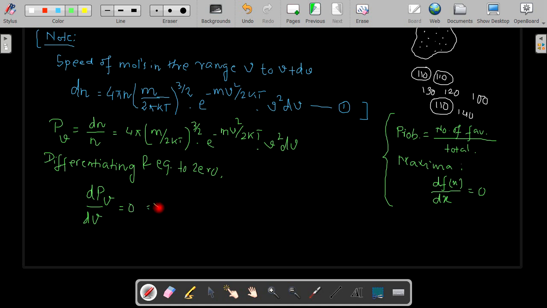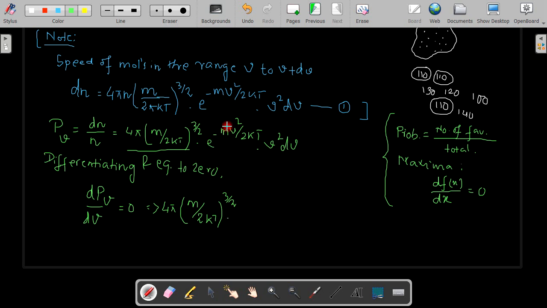So we take d/dv of this entire term. This is something which is constant, so I can take it out. That's 4 pi into (m by 2 kT) whole thing to the power 3 by 2.